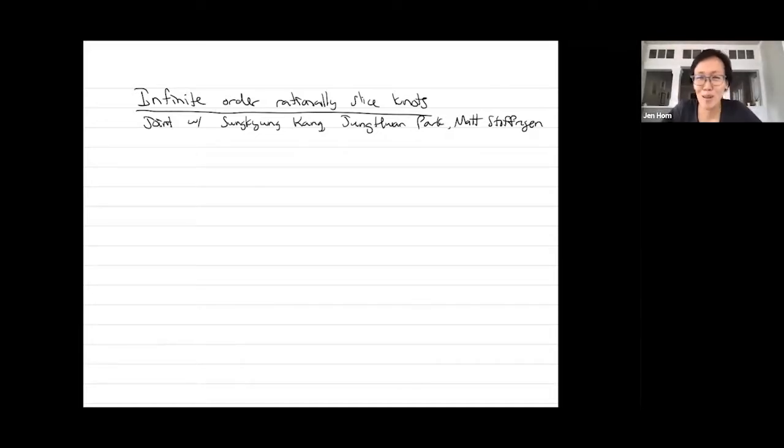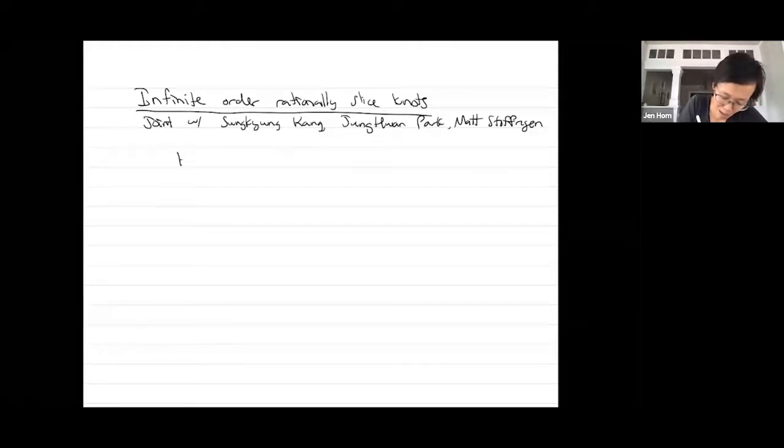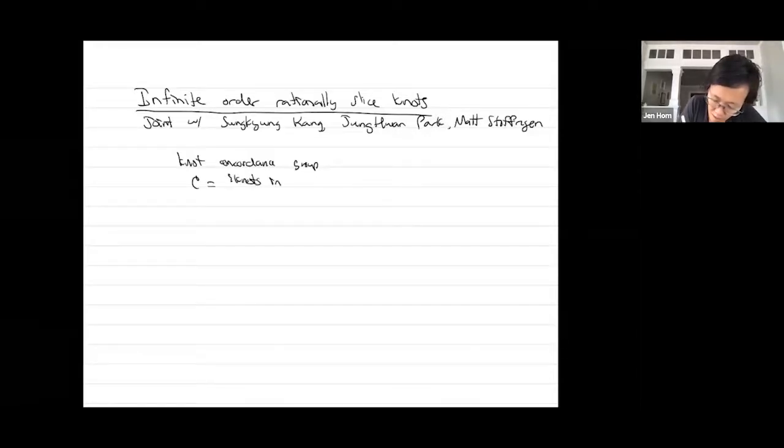Great, okay, so like the theme of this workshop, I'm going to be talking about link homology and concordance. So I'll be talking about the knot concordance group. As most people here are probably familiar, this consists of the set of knots in S3.